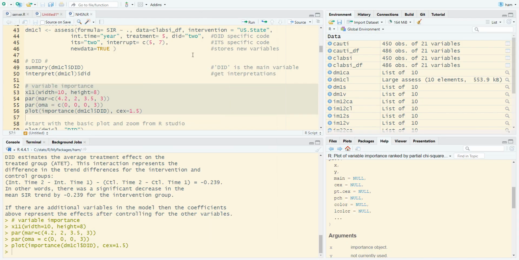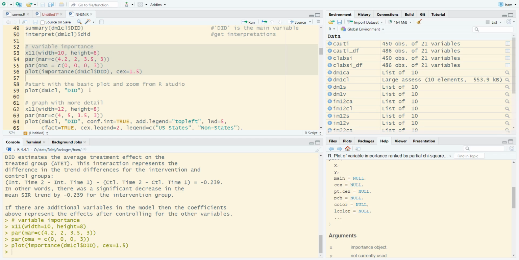Okay, so now that we've looked at importance, we're going to look at the model. We're going to summarize the model results with the graph.